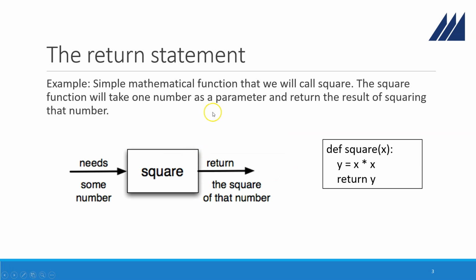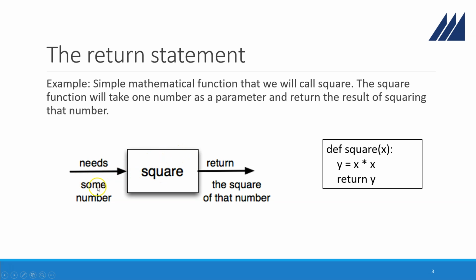Here's a very simple example. This program wants to do a simple mathematical function that we will call square. The square function will take one number as a parameter and return the result of squaring that number. Just imagine this box is our function, the square function.